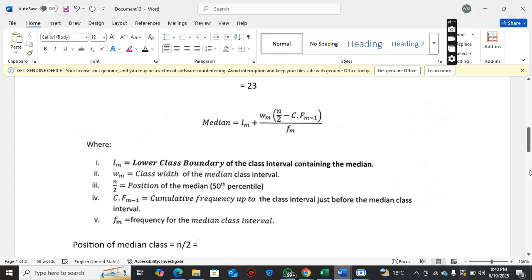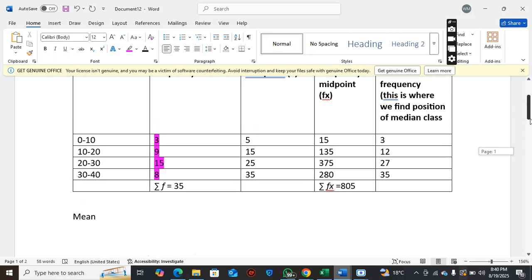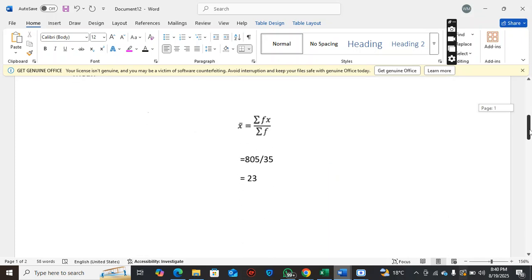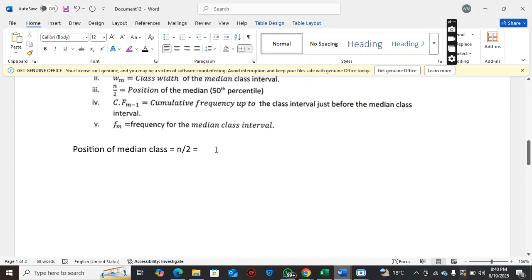And we said our total was what? 35 here. So we're going to say 35 divided by 2. That gives you 17.5. The 17.5 position.